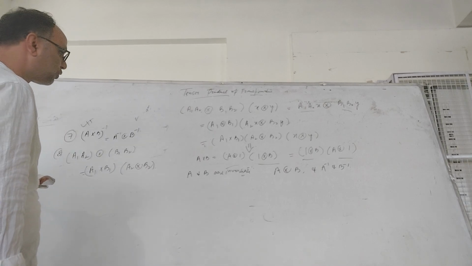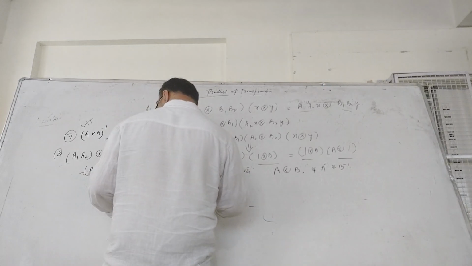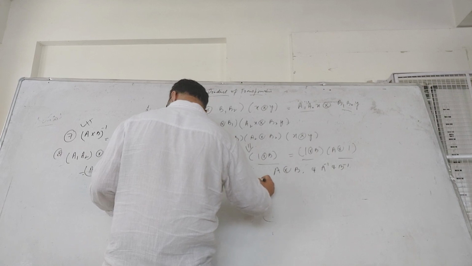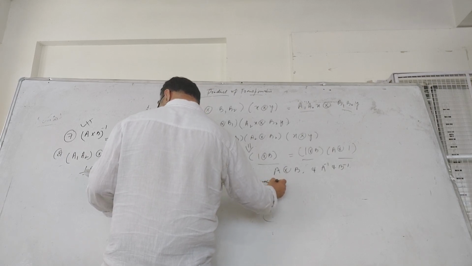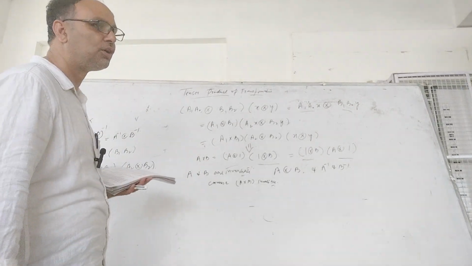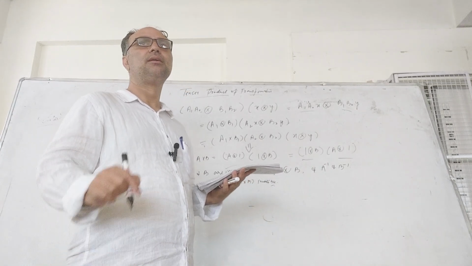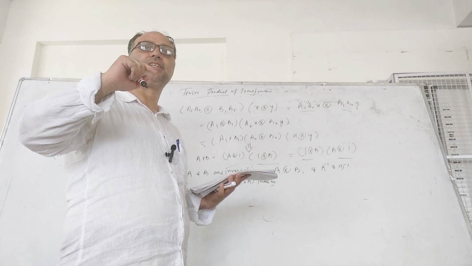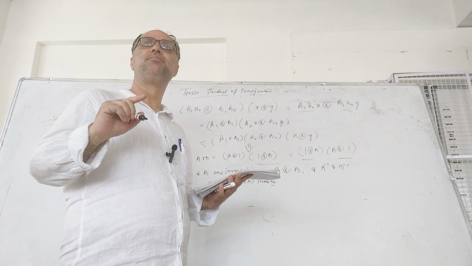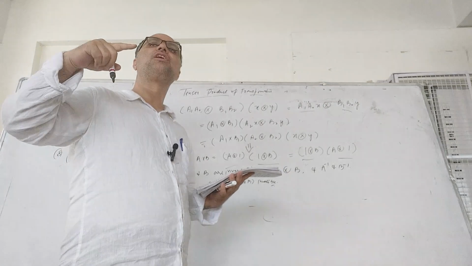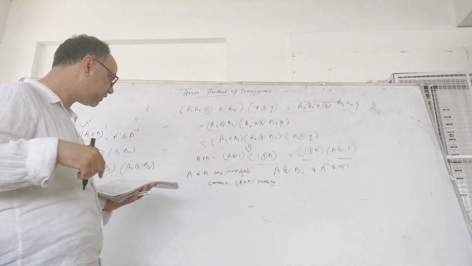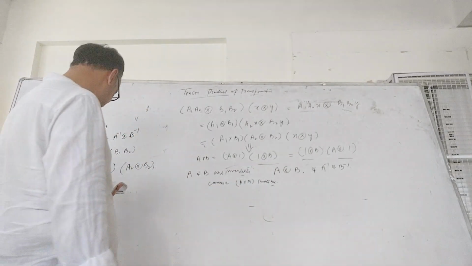So conversely, suppose A cross B is invertible. So we are going to use the arguments of adjointness and invertibility. If AB is equal to 1, this means B is A inverse. So we are going to use the argument of invertibility to show it this way.